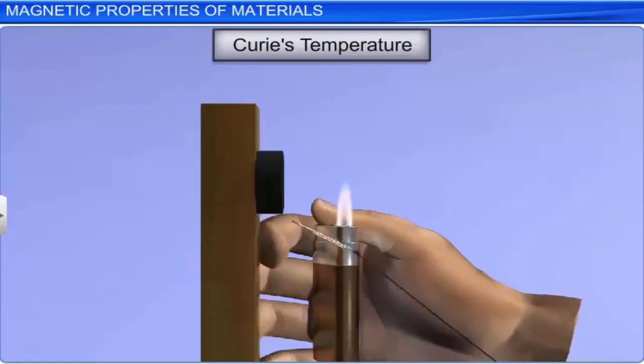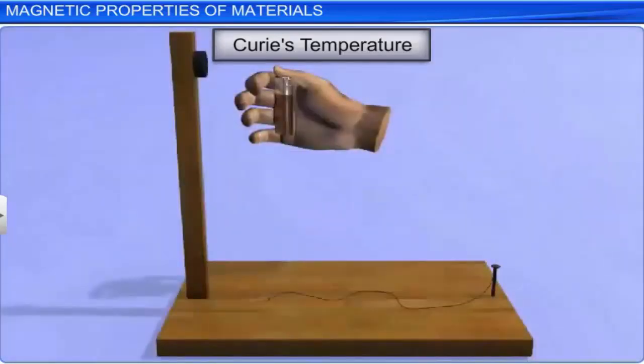That is, at that temperature, the clip transforms from being ferromagnetic to paramagnetic. This transition temperature is known as Curie's temperature. In other words, the temperature of transition from ferromagnetic to paramagnetic is called the Curie temperature and is denoted by Tc.